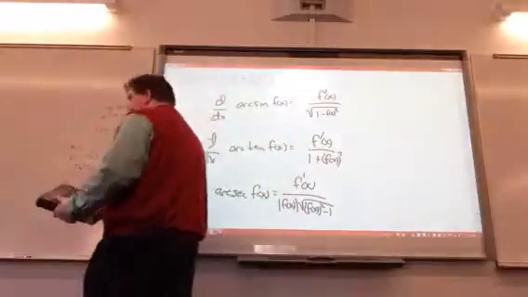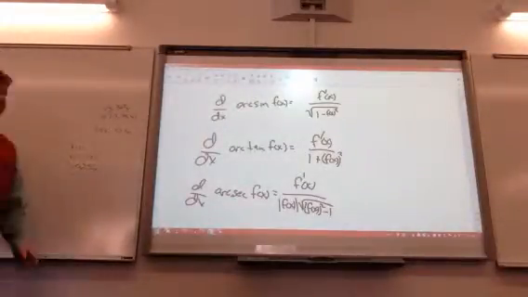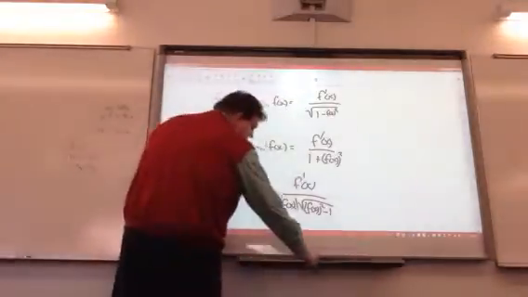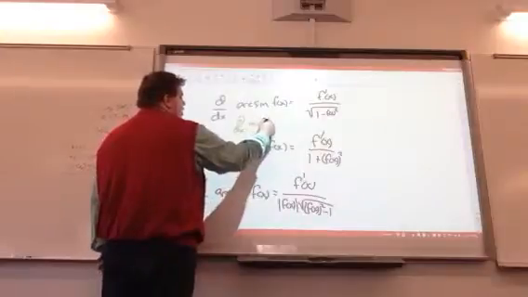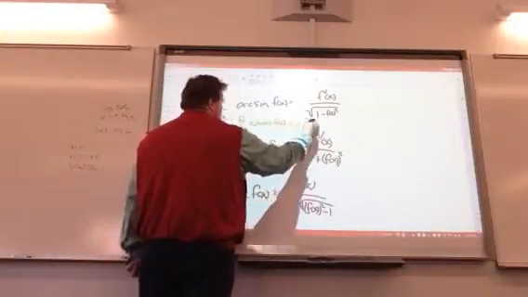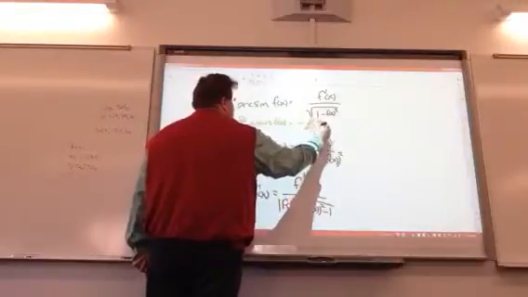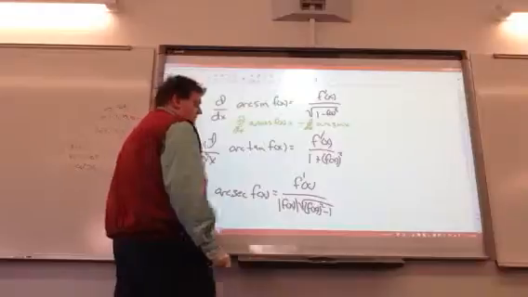Okay? These are your derivatives. So, they're all kind of nasty. Now, the benefit of it though is, as I said, you can go through. If I did the derivative with respect to x of the arc cosine of f of x, it's literally minus the derivative of the arc sine of f of x, okay?